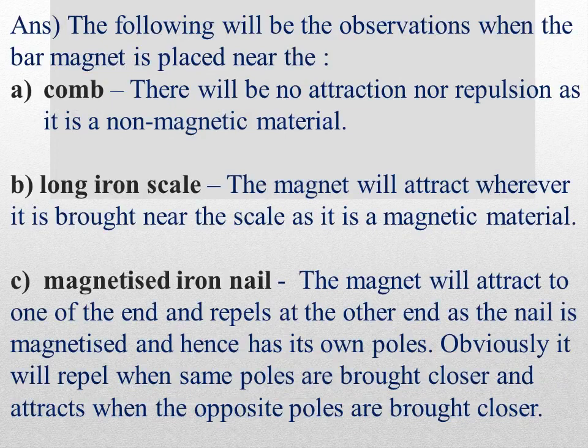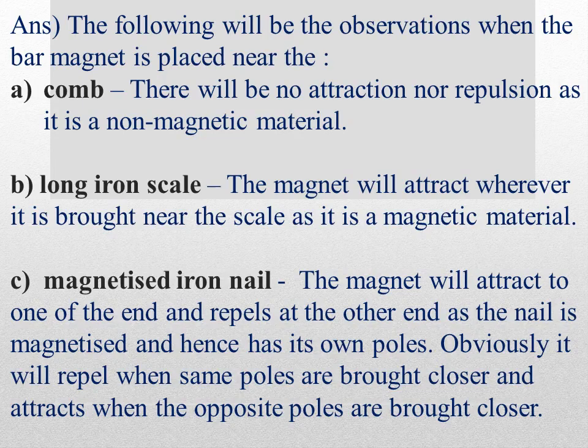The following will be the observations when the bar magnet is placed near the comb. There will be no attraction nor repulsion as it is a non-magnetic material. At the long iron scale, the magnet will attract wherever it is brought near the scale as it is a magnetic material.